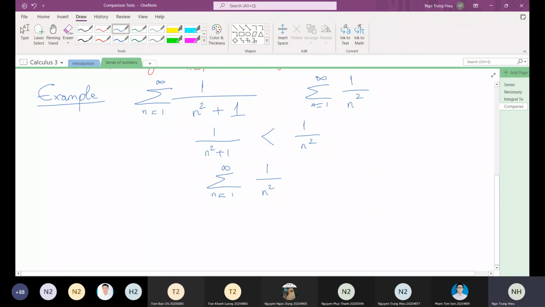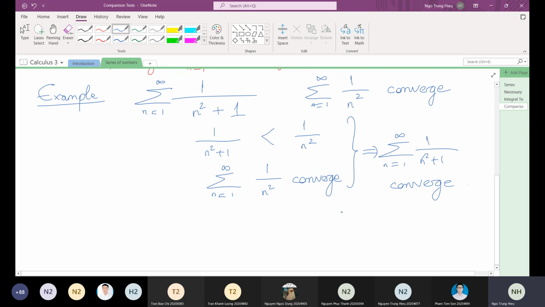And the p series, when p equals 2, converges. Our original series is smaller than a series which converges, so we see that our original series converges. All right, so this is the first example by the comparison test.